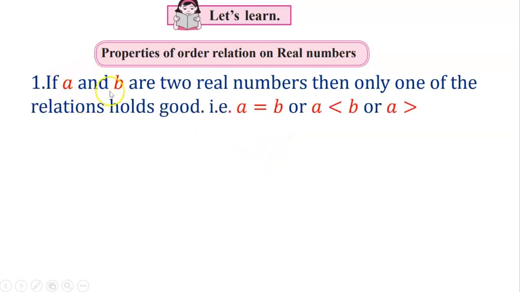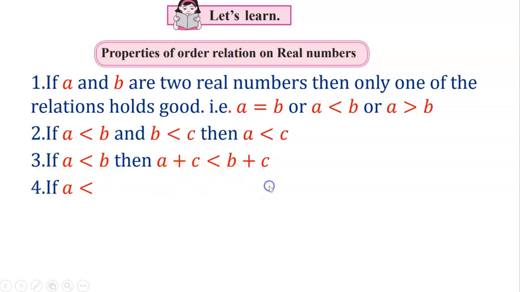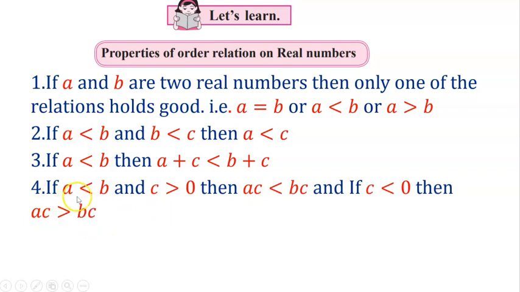If A and B are two real numbers, then only one of the relations holds: A is equal to B, or A is less than B, or A is greater than B. If A is less than B and B is less than C, then A is less than C. If A is less than B, then A plus C is less than B plus C. If A is less than B and C is positive, then A into C is less than B into C. And if C is negative, then AC is greater than BC.